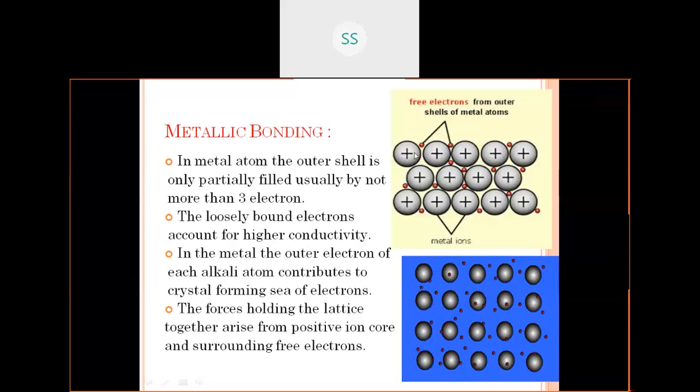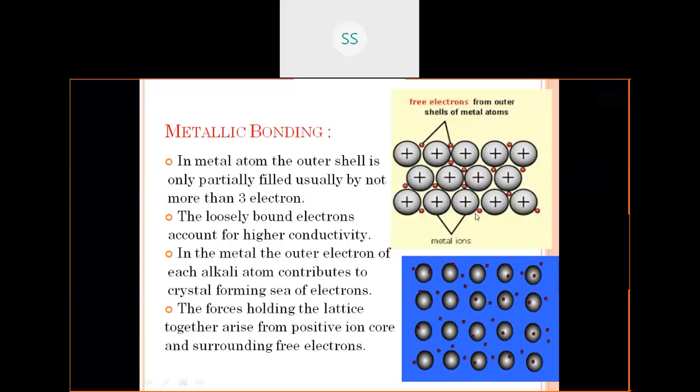So you can imagine that each atom will give three free electrons from the outermost orbit. These loosely bound electrons are responsible for higher conductivity. Now, these electrons were not found in either of the previous two cases.